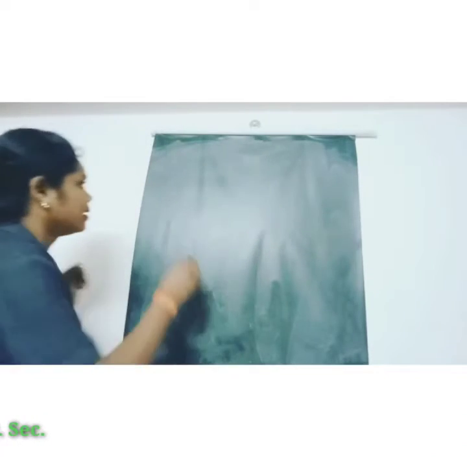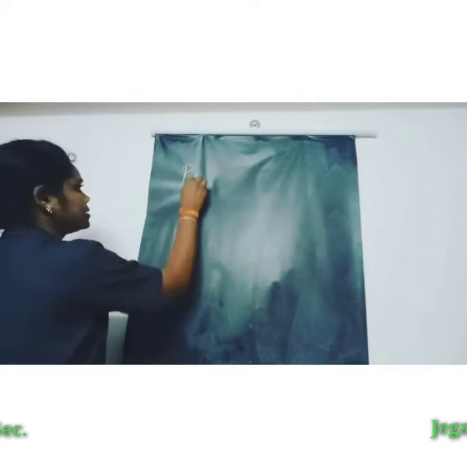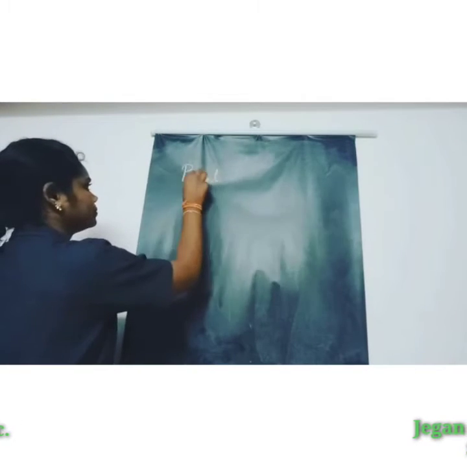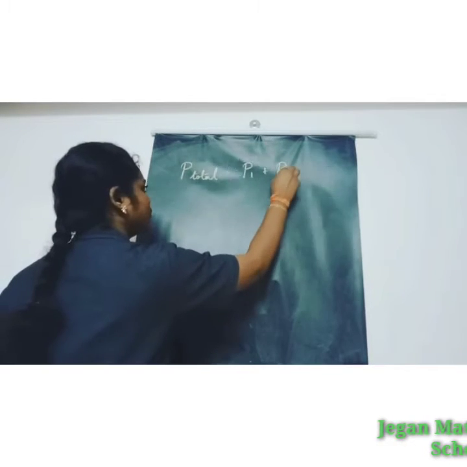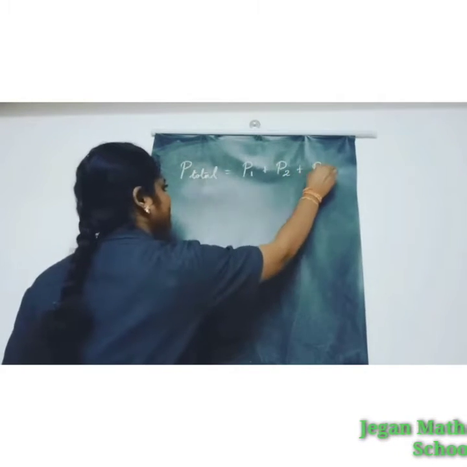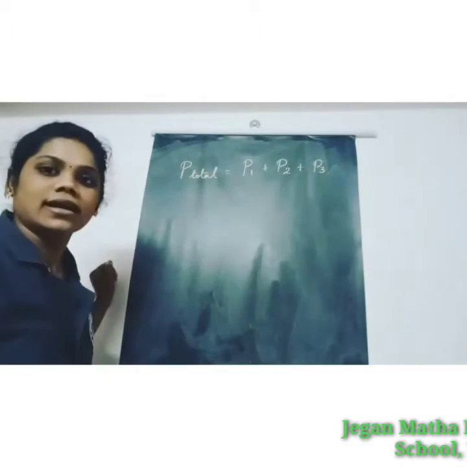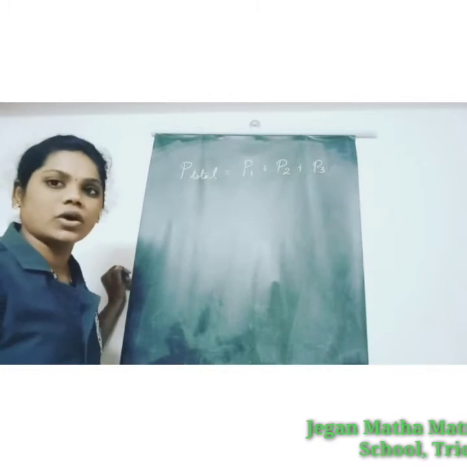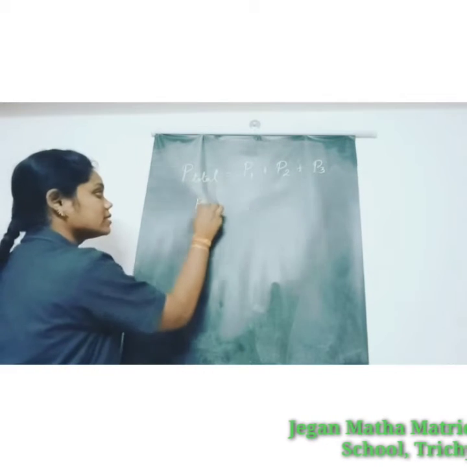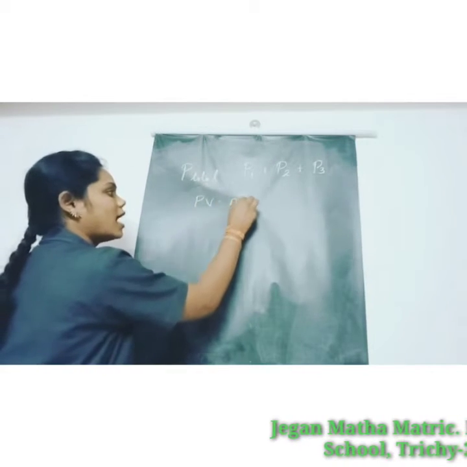Here P total is equal to P1 plus P2 plus P3. Assuming that the gases behave ideally, we already know that PV is equal to nRT.